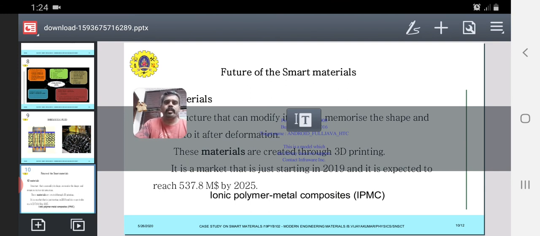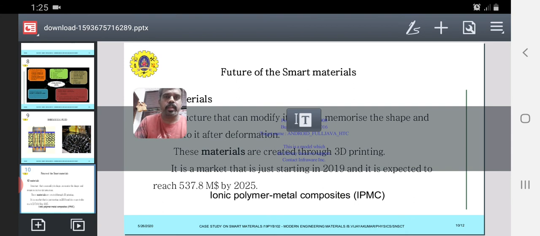It was marketed in 2019 but not developed then; in 2025, 4D materials are developing and being created in application-oriented ways in most areas. The next one, ionic polymer metal composite, IPMC, is another smart material.